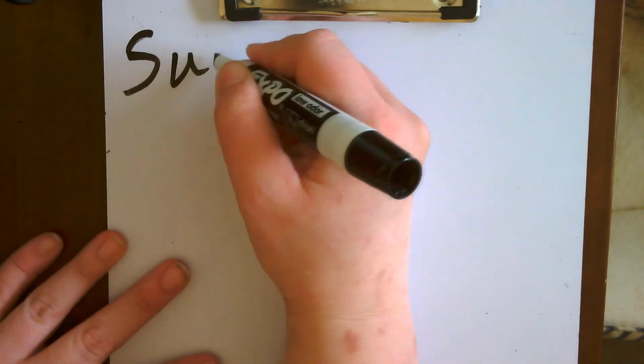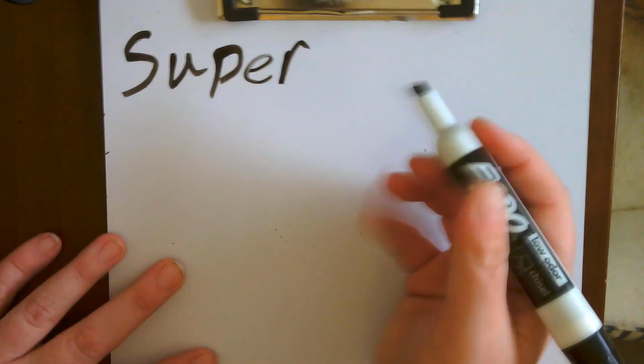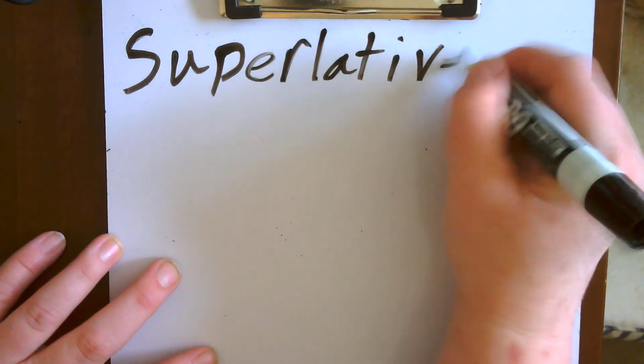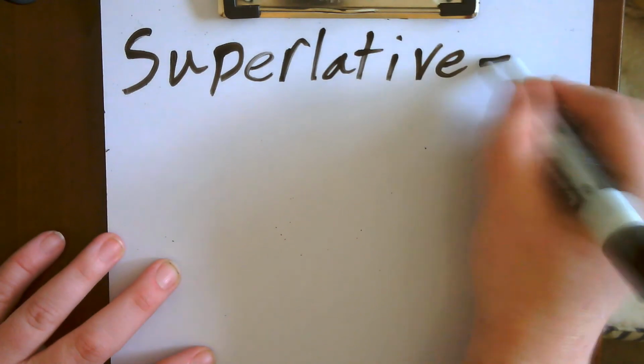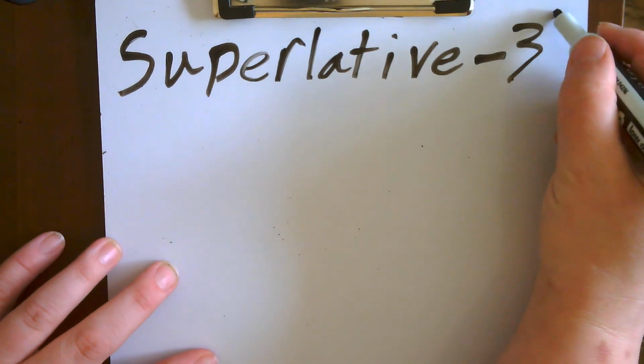Okay, so we looked at comparative. Now let's look at superlative. Reminder, superlative is looking at a word that is comparing 3 or more things. Super. It is the most. Okay? 3 or more.